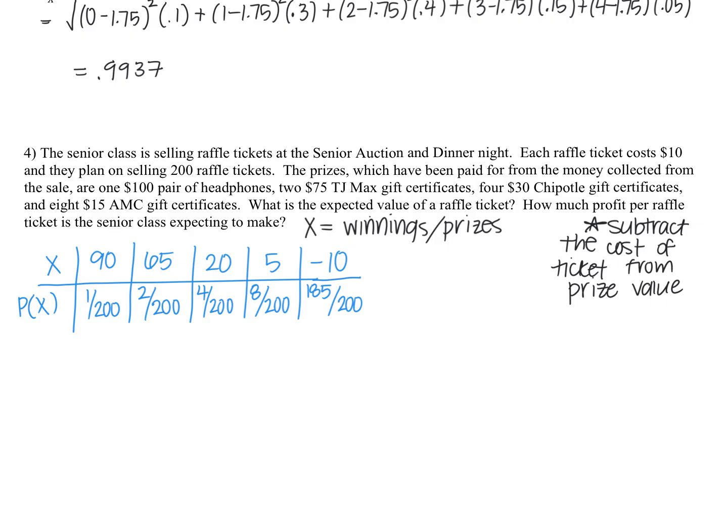So the expected value of a raffle ticket is just the mean. So I calculate it the exact same way I've done on all of the other examples.